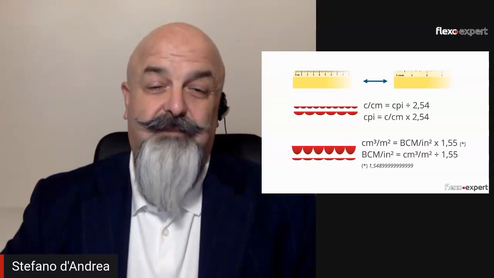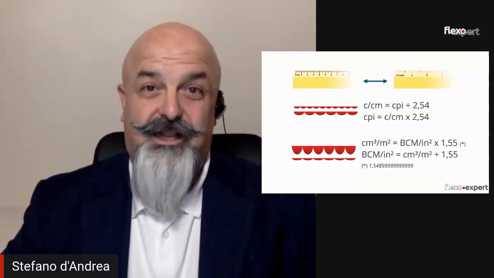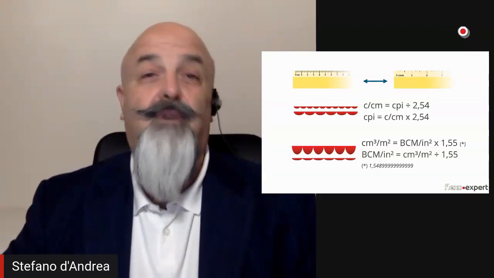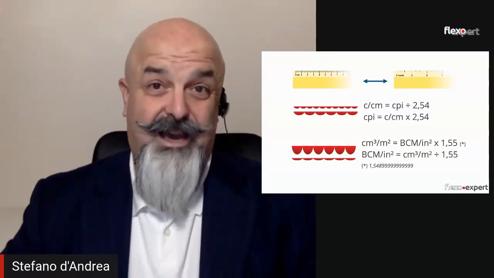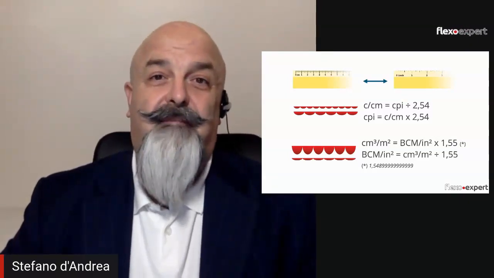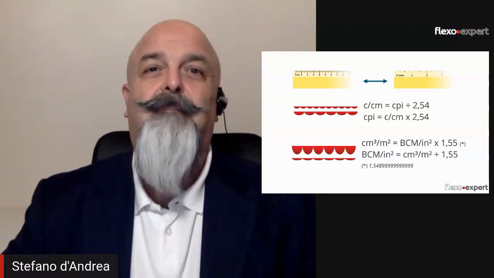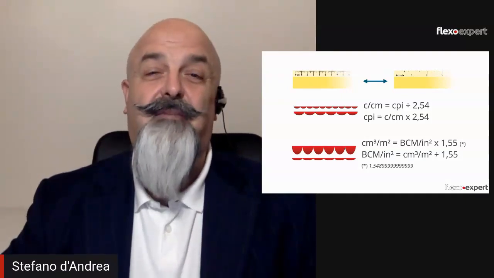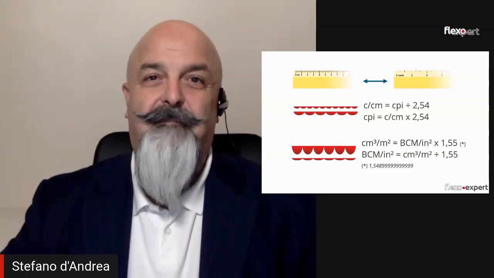And if we have cells per centimeter, we multiply by 2.54 and we get our cells per inch. With the volume, we have a coefficient of 1.55 that we can use. So if we have our volume in BCM, we can multiply by 15.5 and we obtain the volume in metric cubics. And if we have our cubics, we divide by 1.55 and we get our volume in BCM.